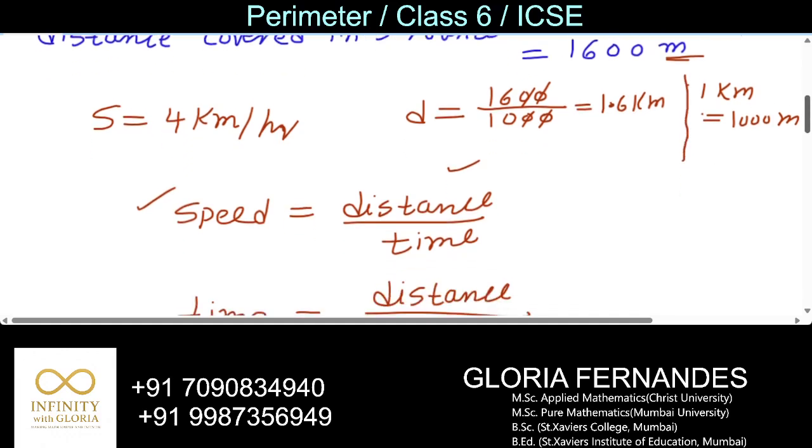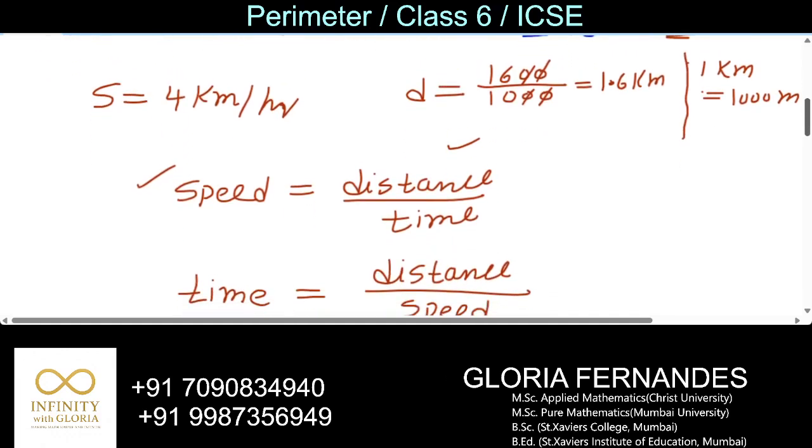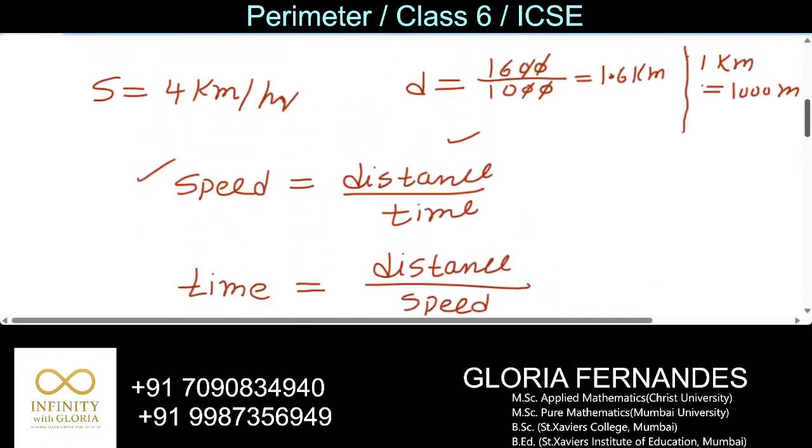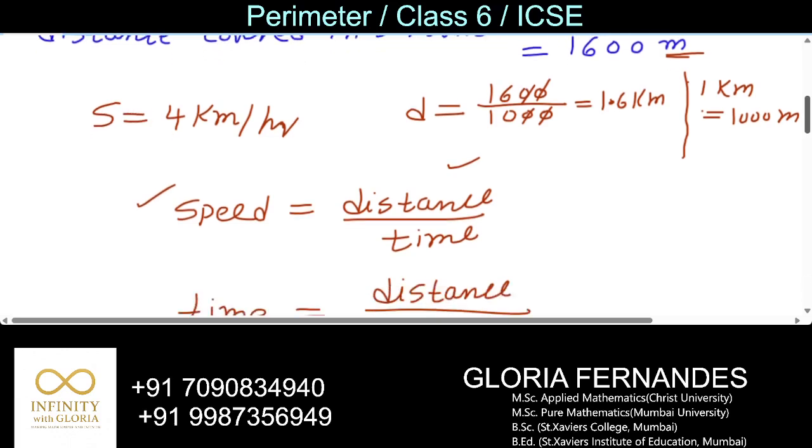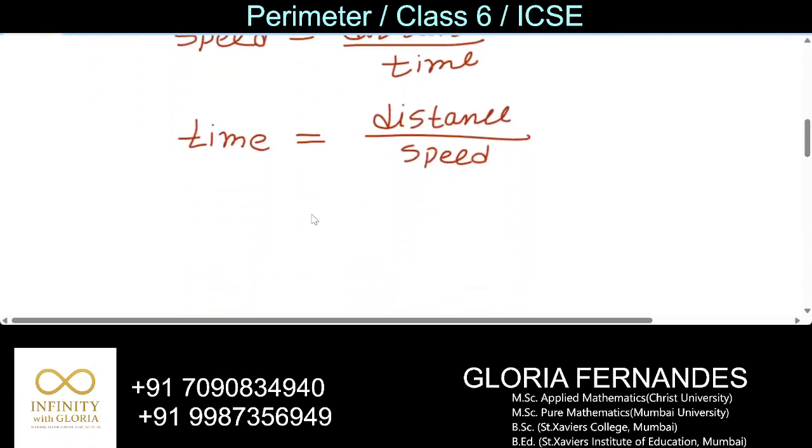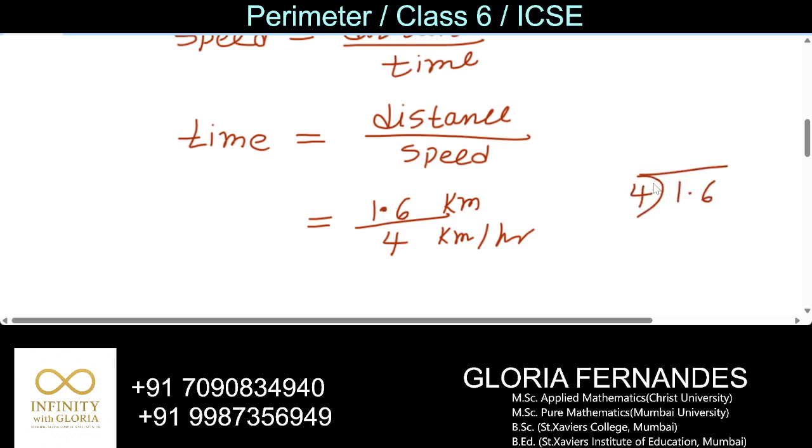So always we have to make sure that our units are the same. Okay, so the distance and the speed, you see the distance now is 1.6, and the speed is how much? 4 kilometer per hour. So distance is kilometer and speed is also what? Kilometer per hour. Now over here you have a decimal. So how do you do this? 1.6 divided by 4.